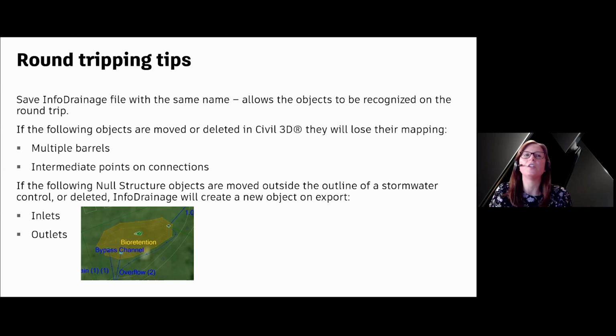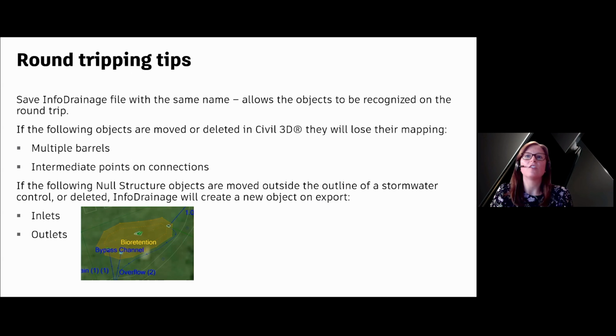There's also a few objects that, although we have representation for them, if they're moved or deleted in Civil 3D, they'll lose their mapping. So multiple barrels and intermediate points on connections, such as this bypass channel that we saw in 3D previously, would lose their mapping if they're moved or deleted.